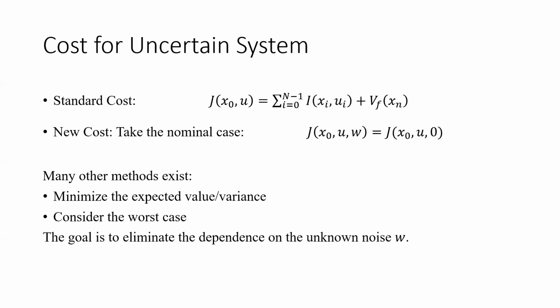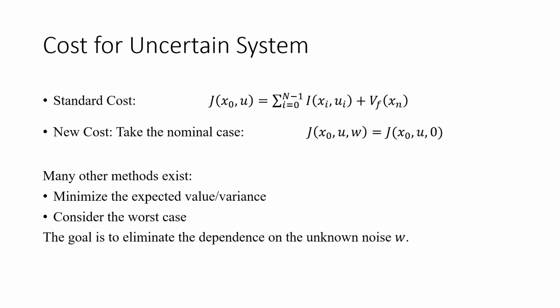In this scenario, you probably would have a probability curve of what W would be, and then you will be able to compute the expected value, E bracket J, given the probability curve of W. That's one way. You could also minimize the variance of W, which is minimizing the effect or oscillation that W could have on your ultimate J value.